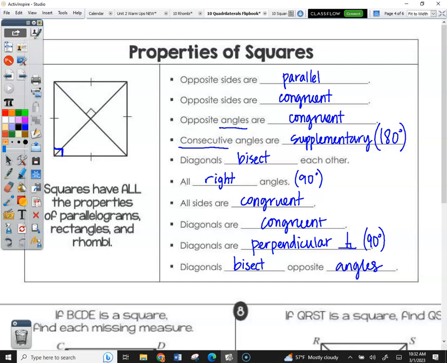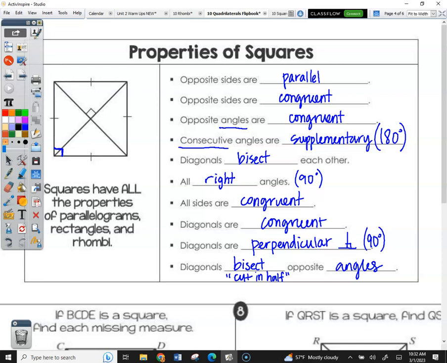Okay, so if the diagonal is drawn, and it's bisecting a 90-degree angle, bisect means what, y'all? Cut in half. What is 90 cut in half? 45.